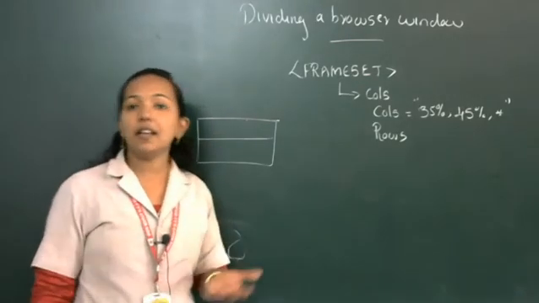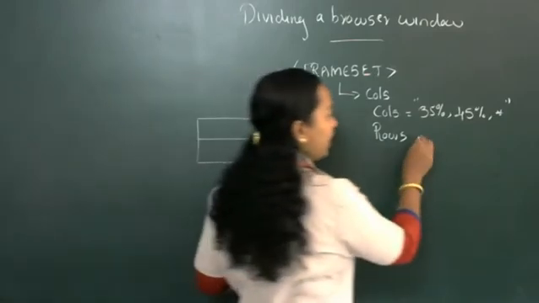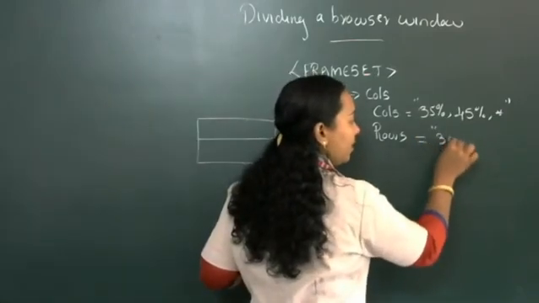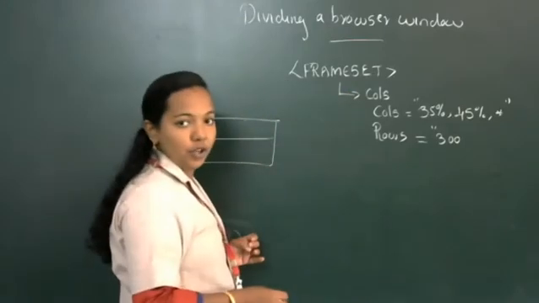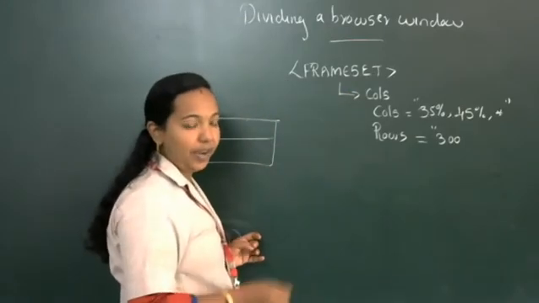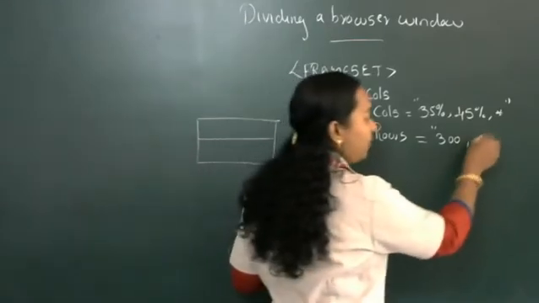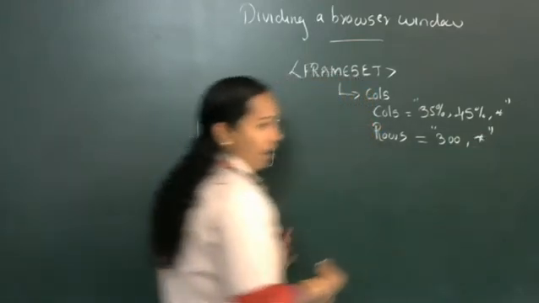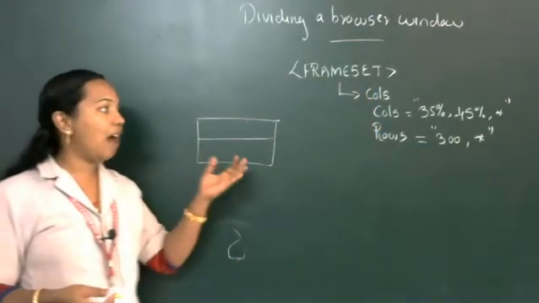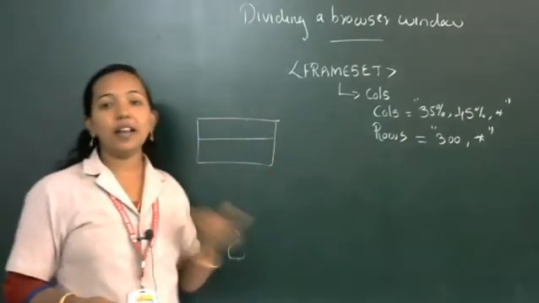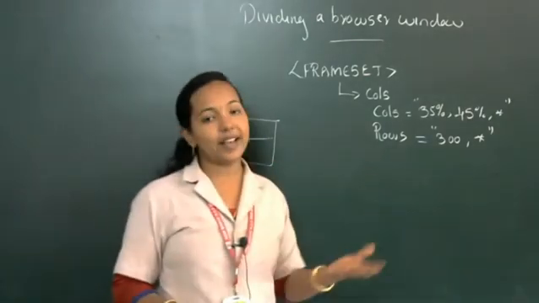Then pixel values also we can specify. We can write like this: rows equal to 300 pixels. So for the first frame it will allocate 300 pixels. Then after that we can write star. If we write star after 300 pixels, the remaining space is used for the next web page.